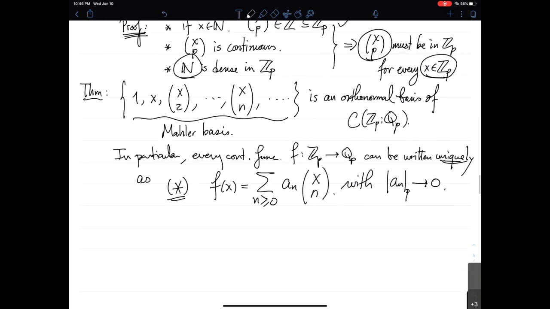I want to call this star. This writing is called the Mahler expansion.